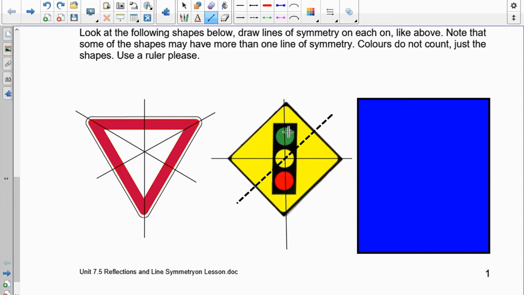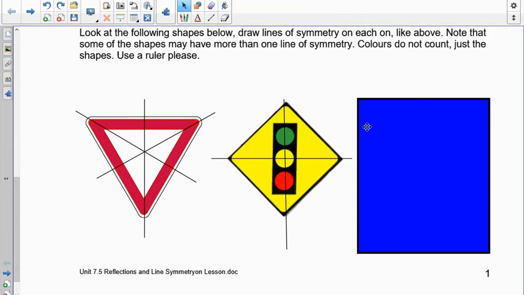And same thing with this one. It's going to go across this 90 degrees, it's going to be over here, and there's nothing there. So having the one here, or even the one that goes from there, these ones don't fold. That would come over to here, and there's nothing there to match it. So take a look at that one. That one's done. There's only one vertical and one horizontal.